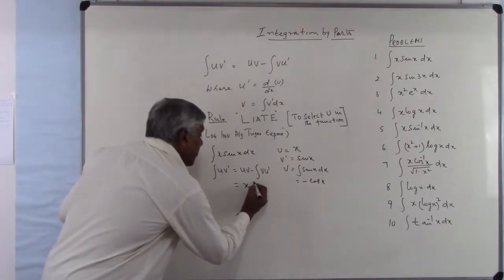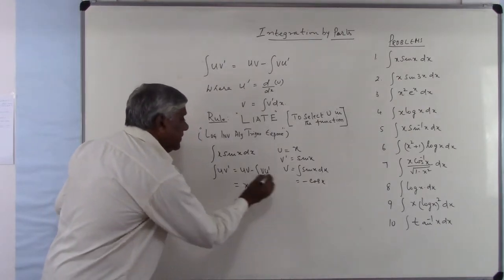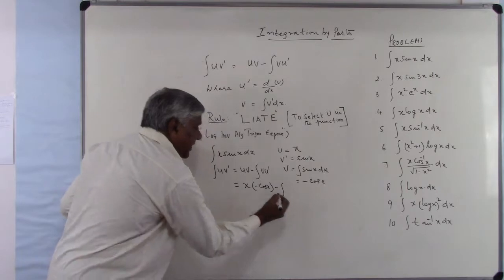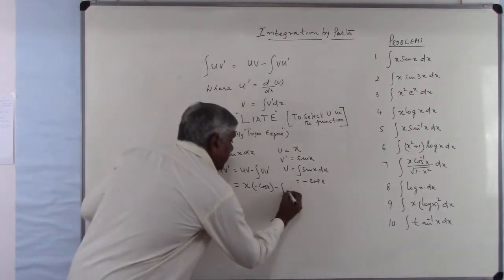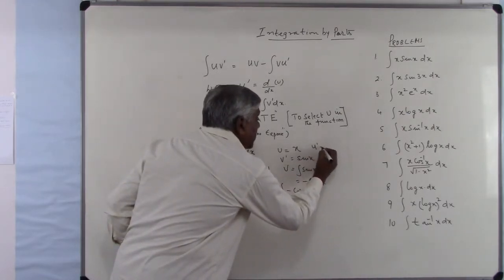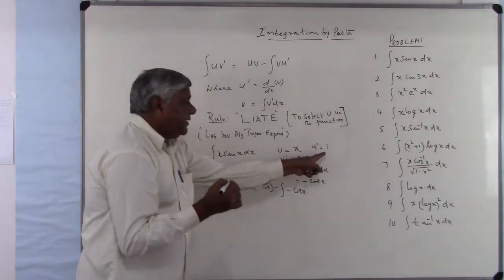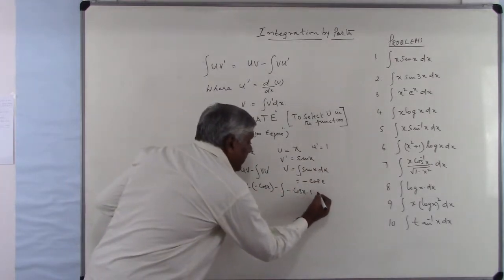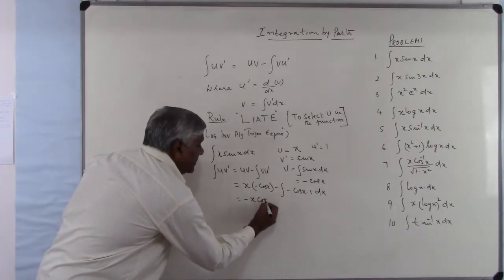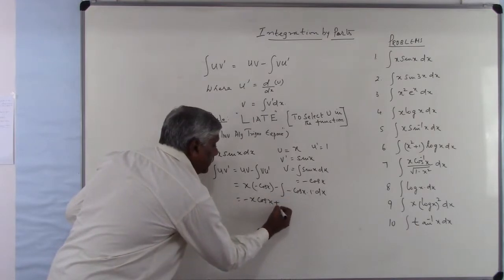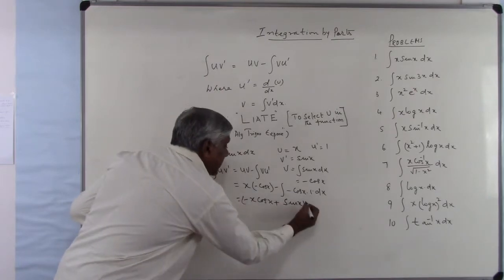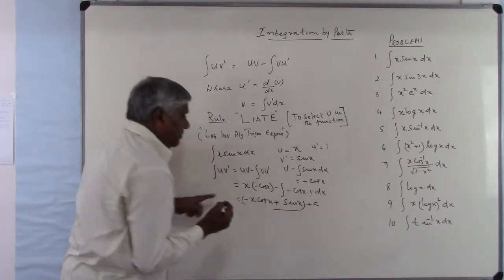Therefore we write v as minus cos x, minus integral vu dash, minus cos x into u dash, the differential coefficient of x with respect to x, which is 1, into dx. Therefore, this is equal to minus x cos x, minus into minus plus integral cos x, which is sin x plus c. This is the answer for this problem.